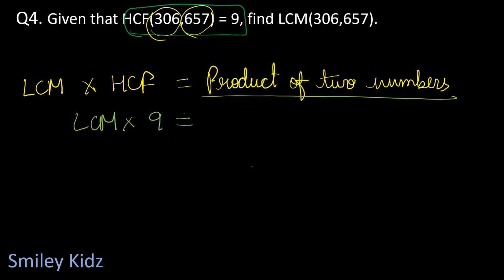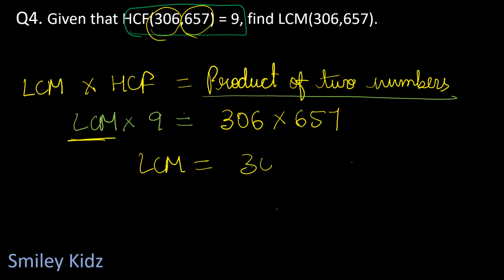So the only unknown value is LCM. So it is 306 times 657. Now LCM will be equal to 306 times 657 upon 9.